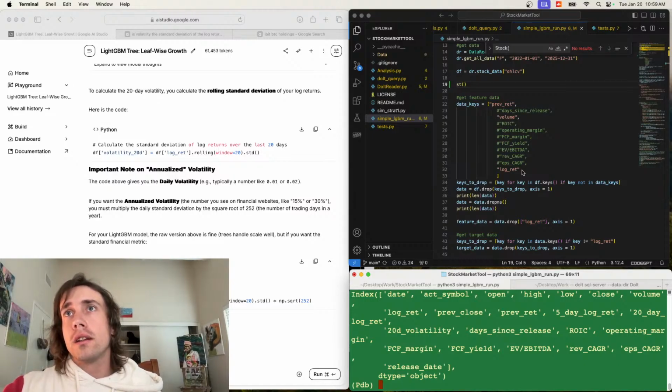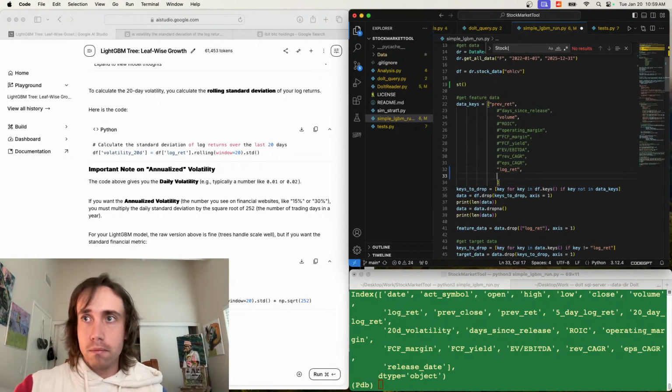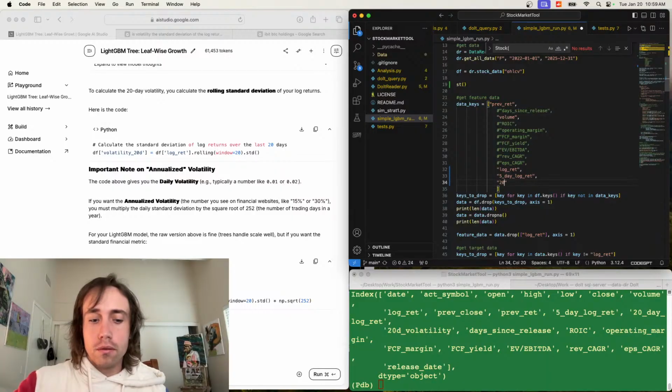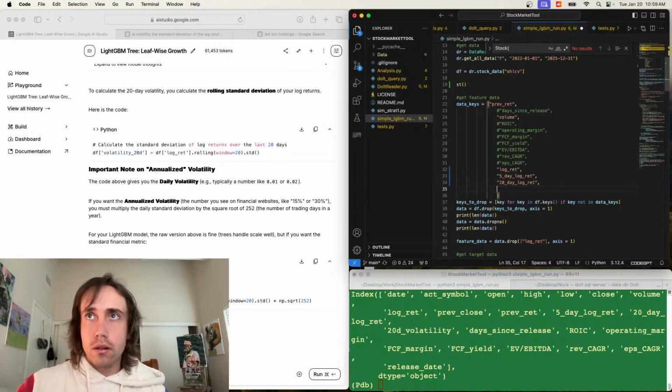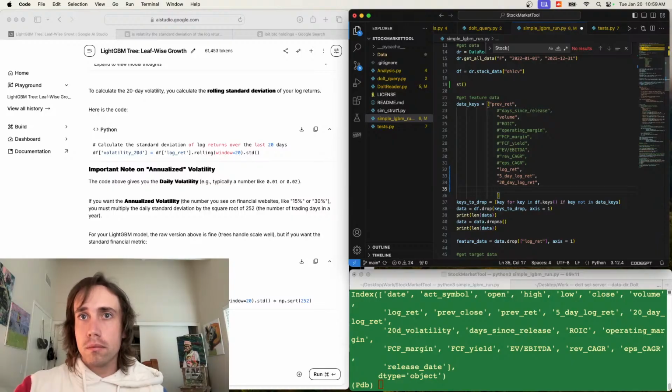So let's add five-day log return, 20-day log return, and then 20-day volatility.